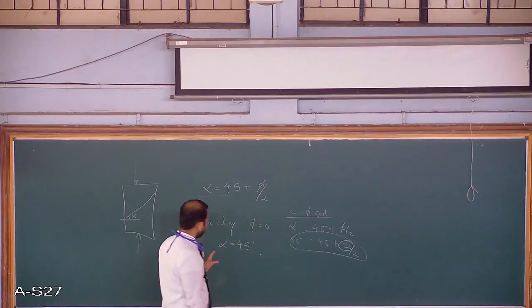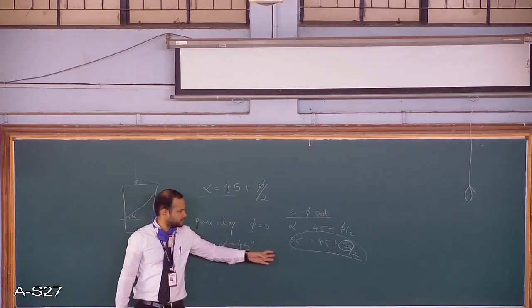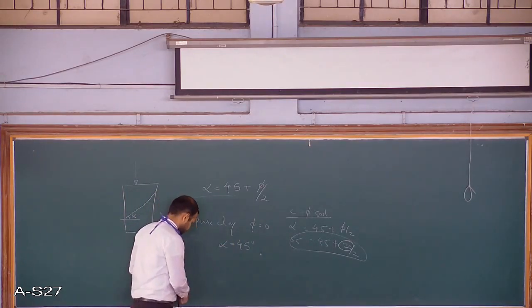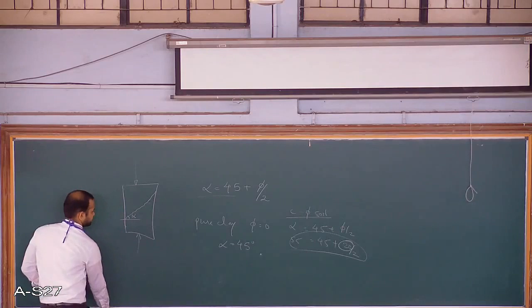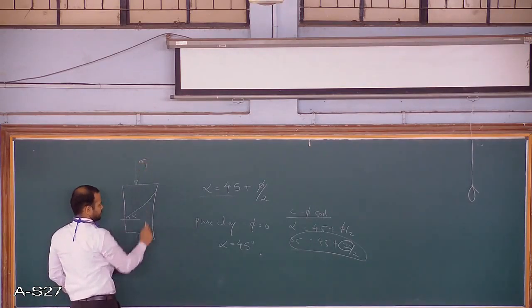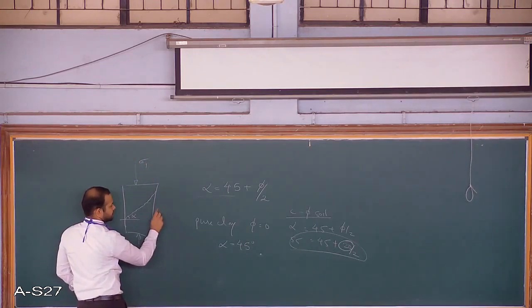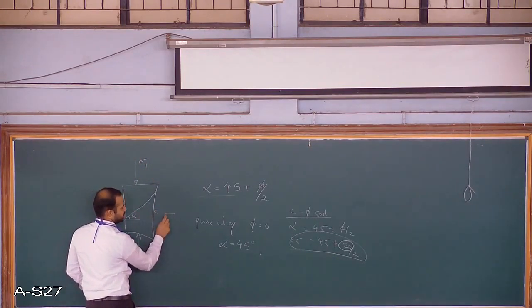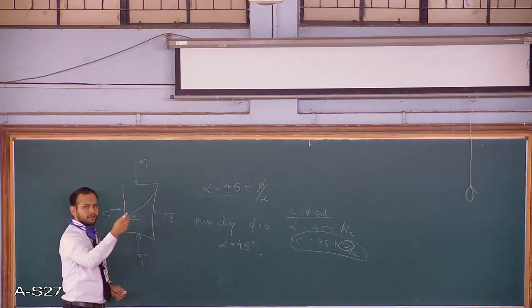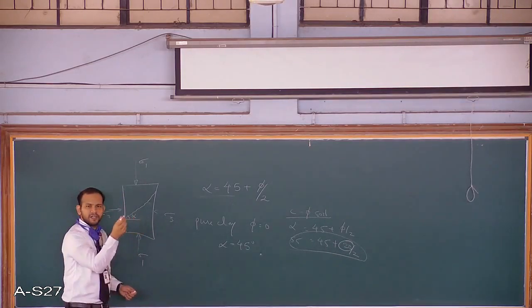So accordingly, these are the two soils. Let's come to the Mohr circle. How must the Mohr circle be? Generally this is the major stress, sigma 1. This side is sigma 3, lateral, and perpendicular to the board it is sigma 2.